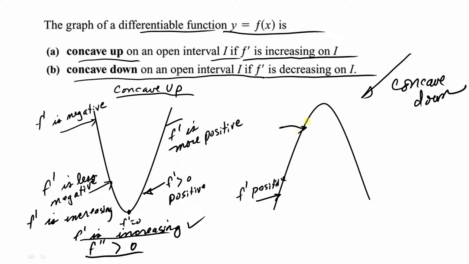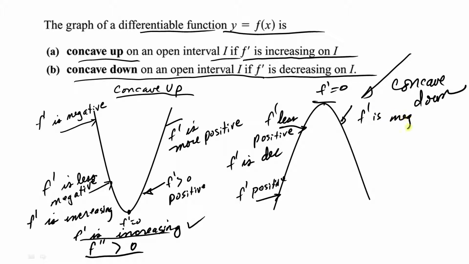Further up on the graph, f prime is still positive, but it's less positive. So f prime is decreasing. On the other side of the point where f prime is 0, we have f prime is negative.